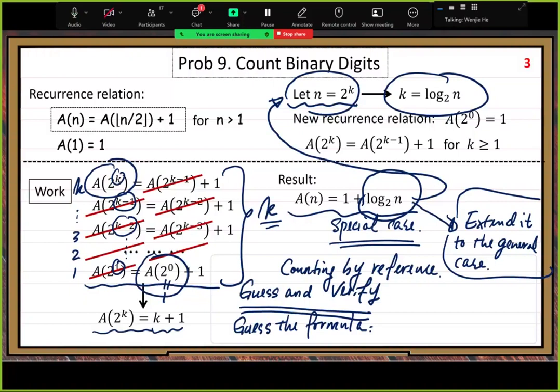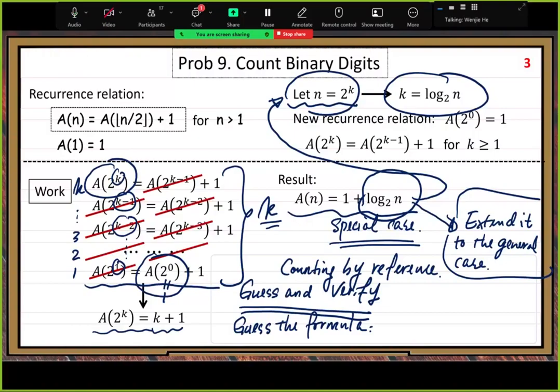How do you convert the log base 2 function to an integer function? Do you know any simple way to do the conversion? Actually, we know there are two simple functions that allow us to do the integer conversion. The first one is the floor function. The second one is the ceiling function.